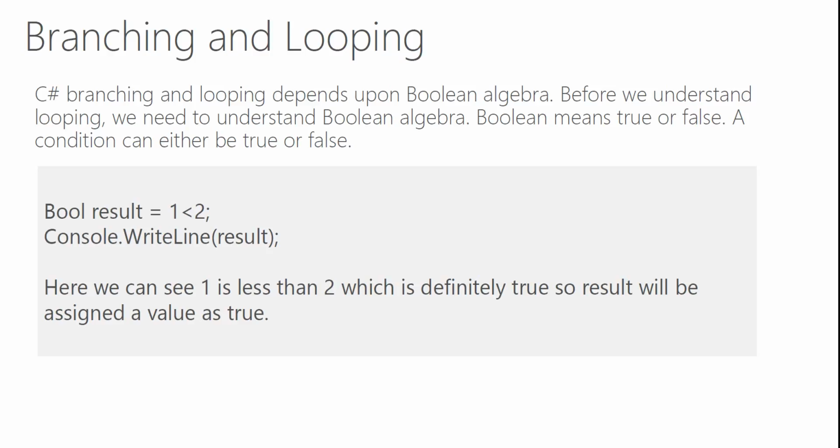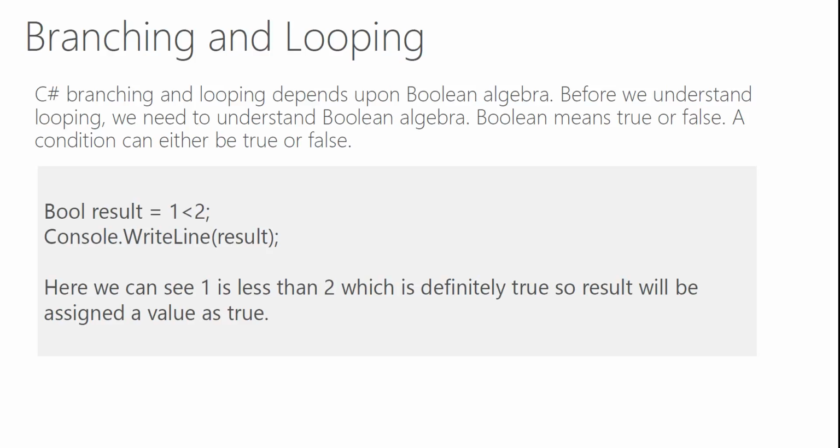C Sharp branching and looping depend upon Boolean algebra. Before we understand looping and branching, we need to understand Boolean algebra. Boolean means true or false. A condition can either be true or false.